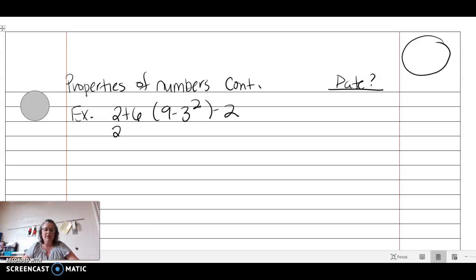So I'm just going to rewrite this: 2 plus 6 times the quantity 9 minus 3 squared, minus 2. 3 squared is 9. So what we're doing here is looking at what property we used. 3 squared is the same thing as 9. Well, the only property that says I can replace the number 3 squared with the value 9 is the substitution.